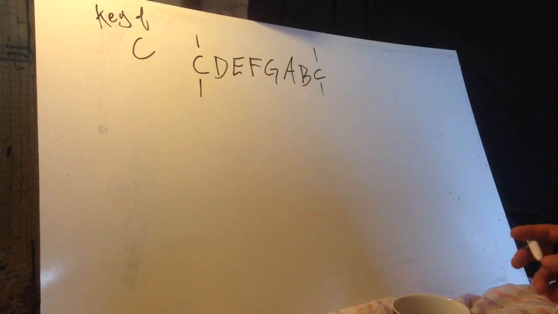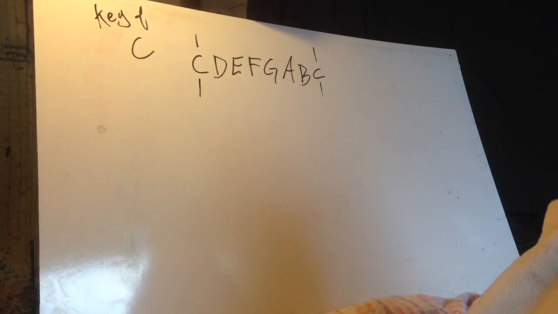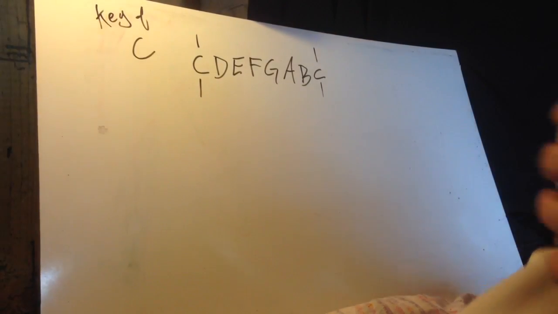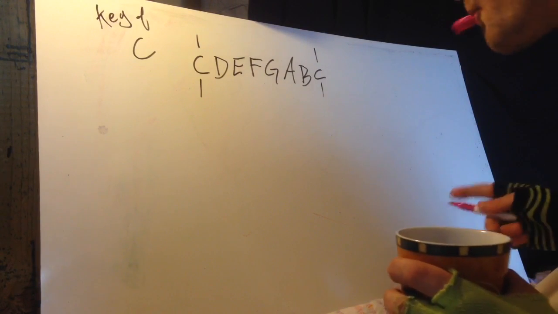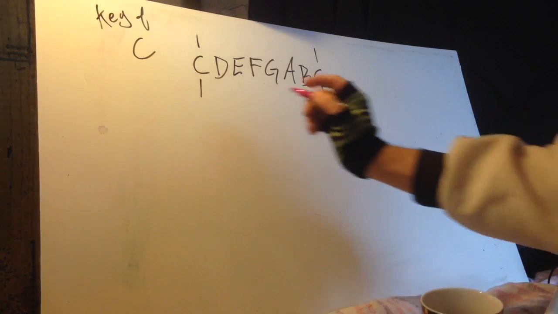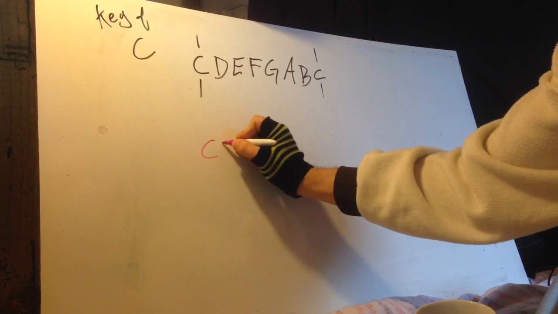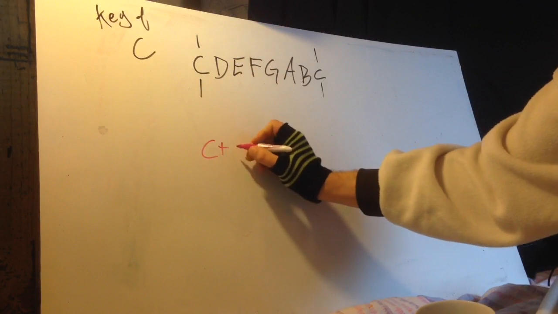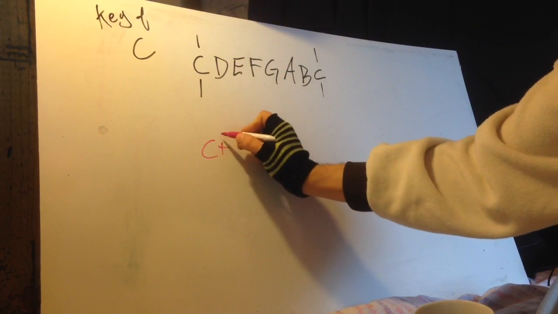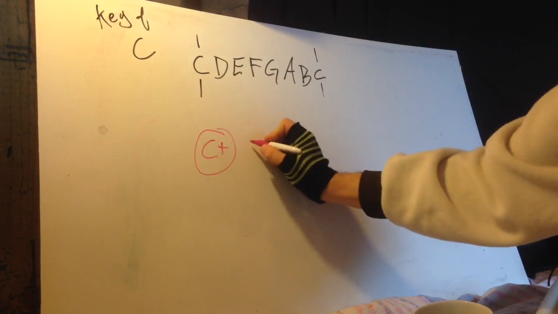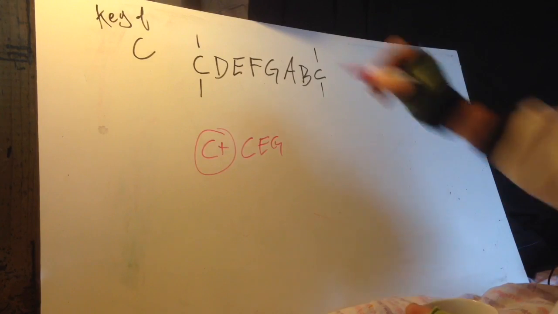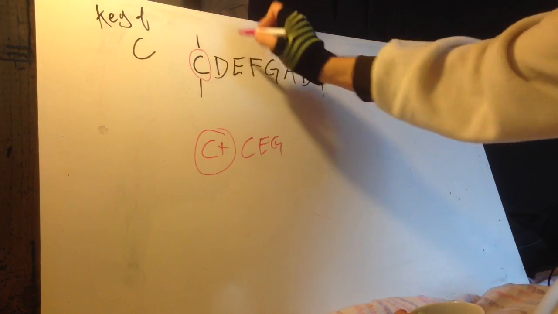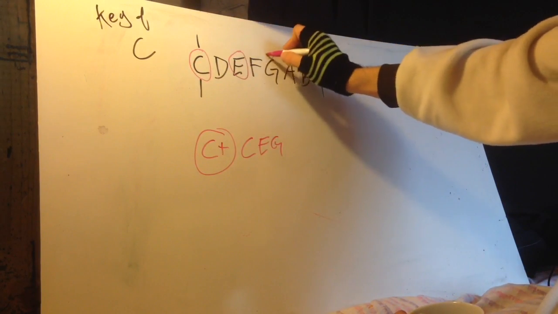And we take another colored marker because colors are cool. Well, if we were to take C major, chord 1 of the key, we have C, E, and G.